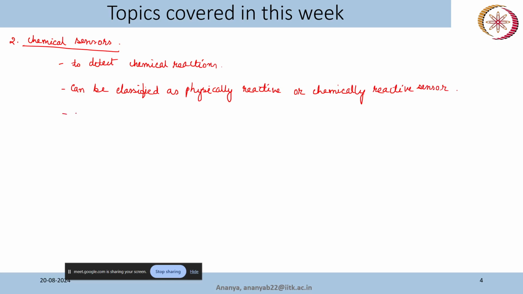Now another type of classification is those can be classified as direct sensor or indirect sensor. So what are direct sensors and indirect sensors? We know that most of the sensors are of electrical type. So in direct sensor, we directly get output as an electrical signal.